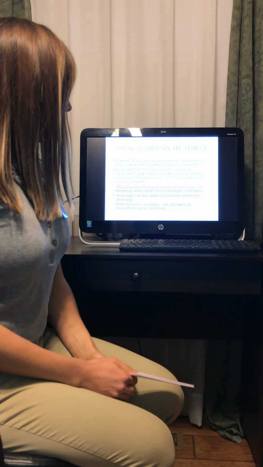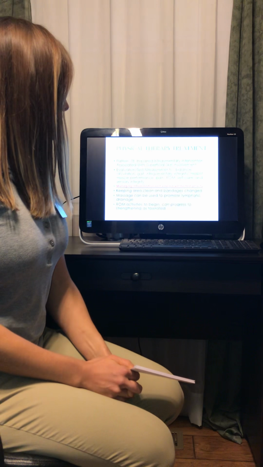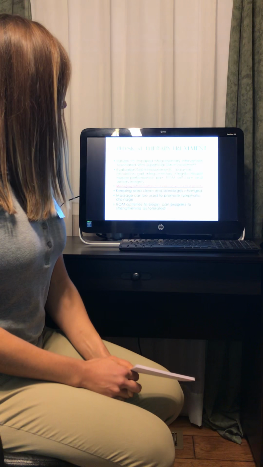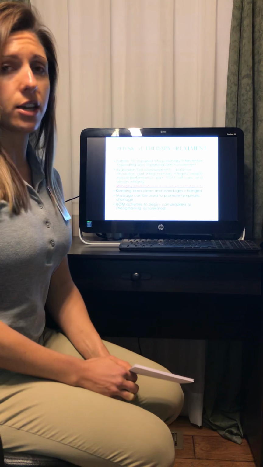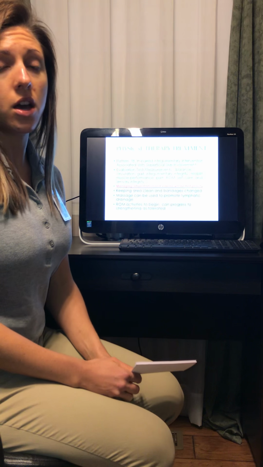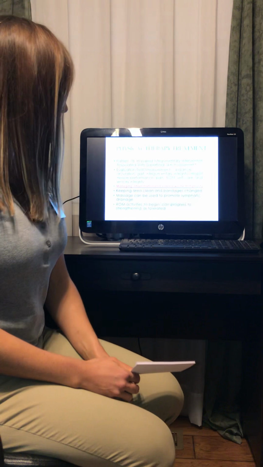In addition to that, patient education is going to be really vital here. You're going to want to instruct them to keep the area clean and bandages changed. Massage can promote lymphatic drainage, so depending on where cellulitis has occurred on the body, that could be an option.